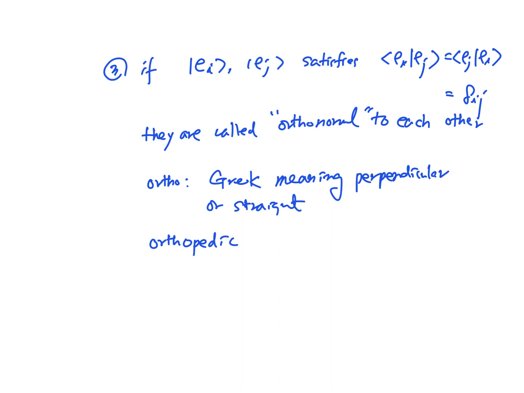The doctor is called orthopedician. Orthodontic. It's a branch of dentistry that straightens your teeth. 치열 교정, right? Or orthodontist, someone who straightens your teeth. 치열 교정사, right? But actually, it's a part of dentist. Part of the work for the dentist.